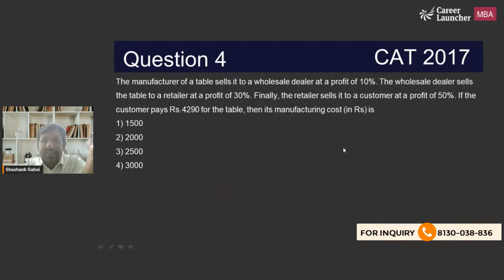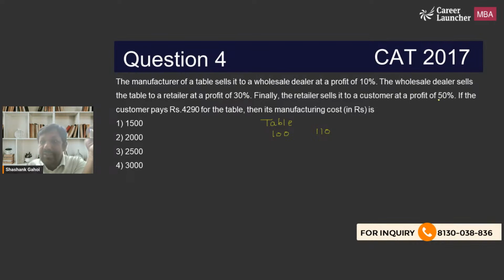What does it say? Okay, the manufacturer of a table sells it to a wholesale dealer at a profit of 10%. Okay, so we are talking about table. Let's say cost is 100, sale is 110. After that, the wholesale dealer sells it to a retailer at a profit of 30%.